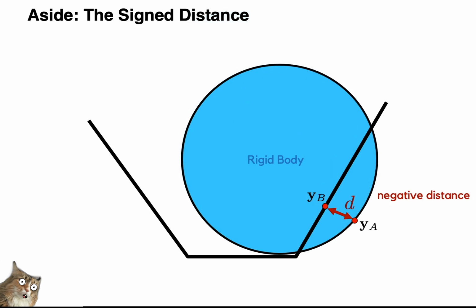Well, we choose our sign to indicate if two objects have passed through each other. In other words, if a point on one object is inside the other. If this is true, as it is here, we assign the distance a negative sign. The signed distance is a useful quantity in a number of graphics applications, and collision resolution is certainly one of them.